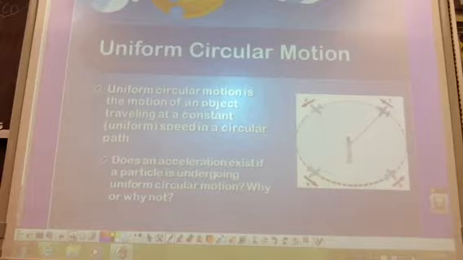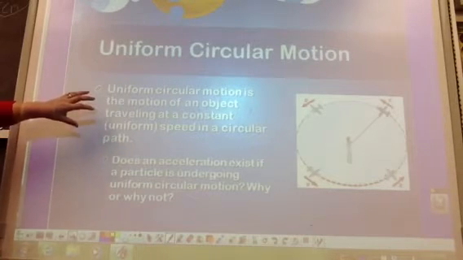This could be an electron that's in orbit around the nucleus for Bohr's model of a hydrogen atom, since that would have to be a perfect circular orbit. It could be a charged particle that's moving in a uniform magnetic field. It could be a planet traveling around a perfectly circular orbit. So there are so many different examples that we can have to describe uniform circular motion.